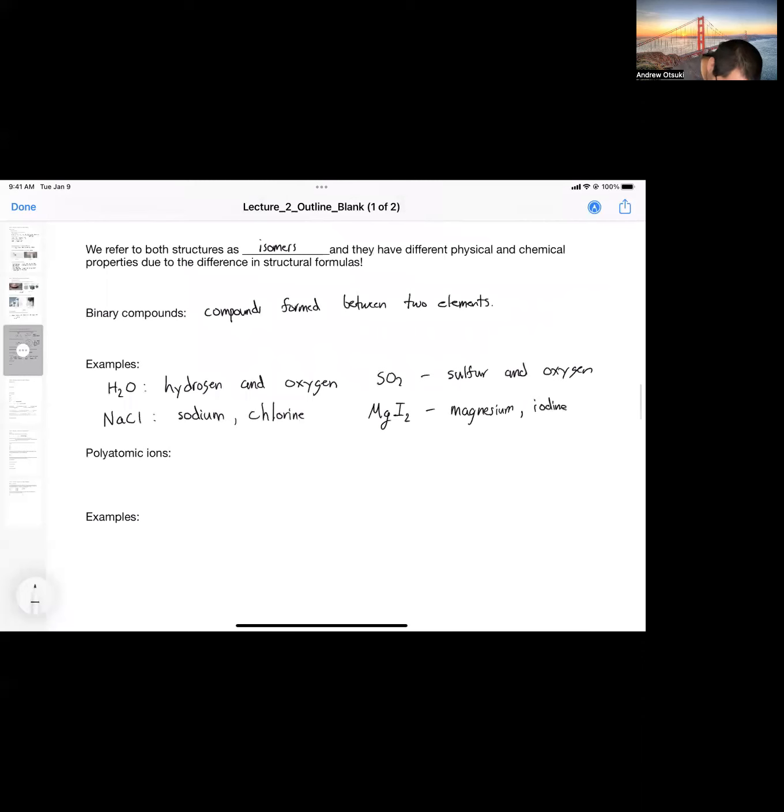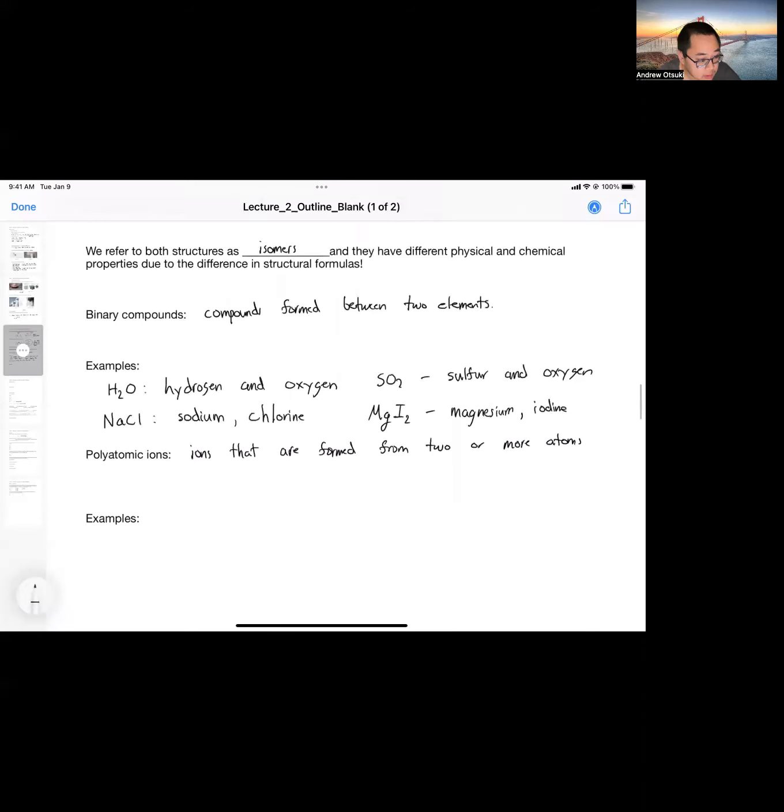So polyatomic ions are formed from two or more atoms that are connected with covalent bonds. Okay, so those are polyatomic ions.